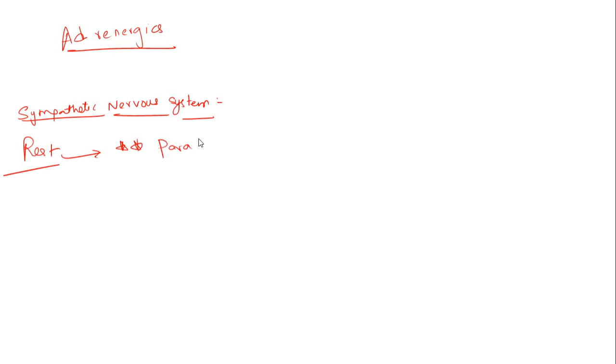Okay, if you're asked in your exams, or even as a generally asked question, whether at rest the sympathetic nervous system plays a role, because we said that the sympathetic nervous system plays a role when there is stress in the body, there is a little bit of sympathetic tone even during rest, but parasympathetic tone dominates.